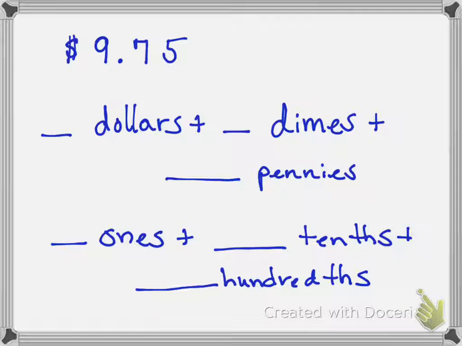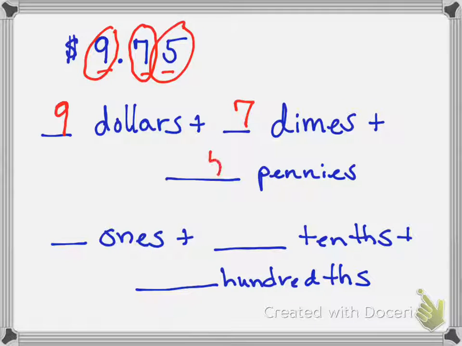All right, $9.75. We're going to take these numbers and we're going to place them. How many dollars do I have? I have $9. How many dimes do I have? I have 7, which means 70 cents. Plus, how many pennies?